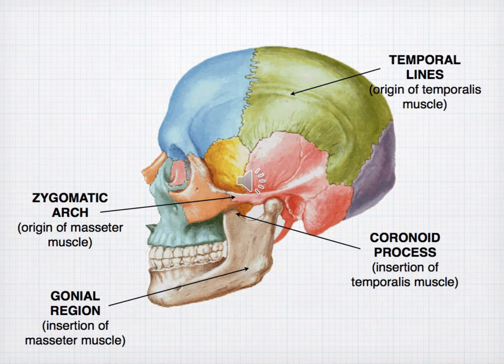So if you look at the areas for the temporalis, the coronoid process, which is just anterior of the mandibular condyle, right? The mandibular condyle, remember, articulates with the temporal fossa, and the coronoid process just in front of it, or anterior, is the area of insertion of the temporalis muscle.